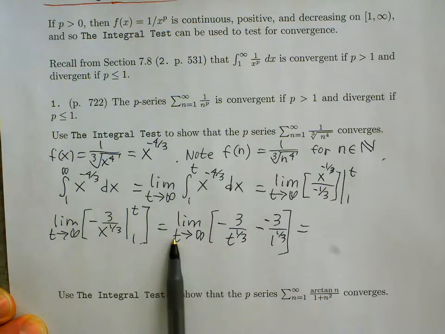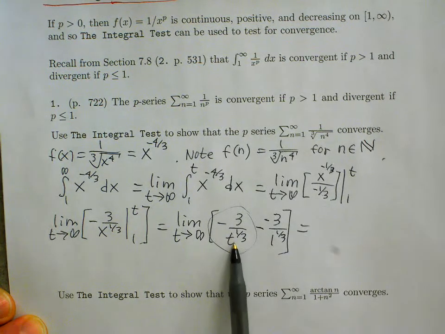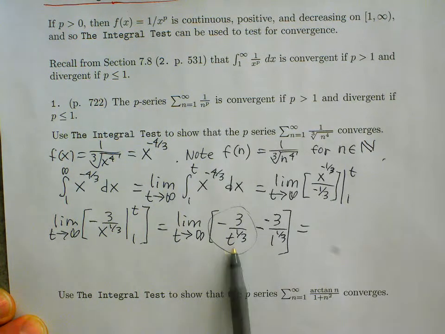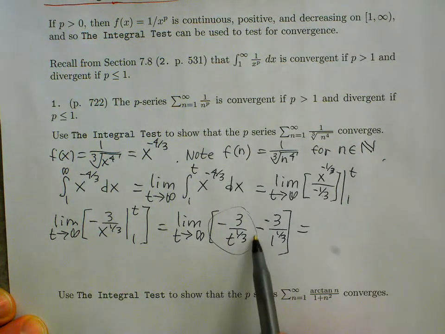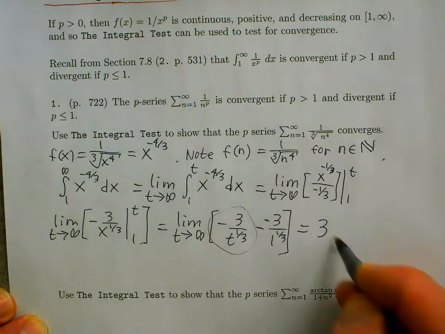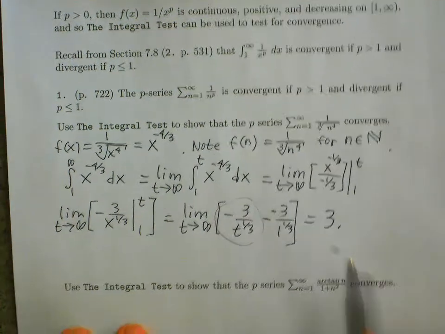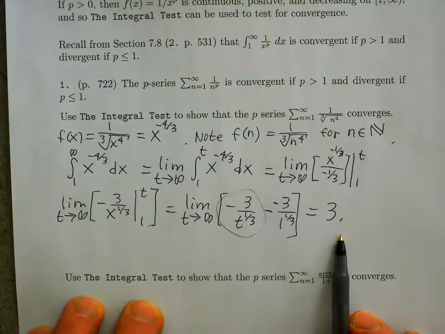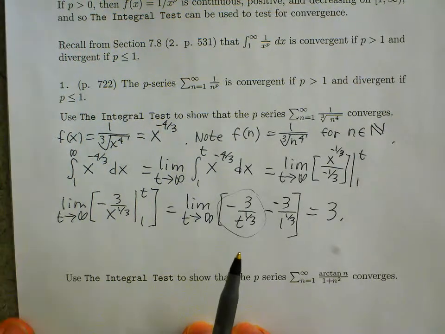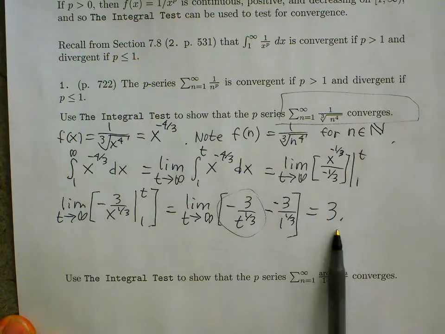When we allow t to go to infinity, this term goes to 0. The denominator gets large, so the term goes to 0, and the limit is the negative of negative 3 over 1, or positive 3. Okay, so according to the integral test, this infinite series converges because the improper integral converges.